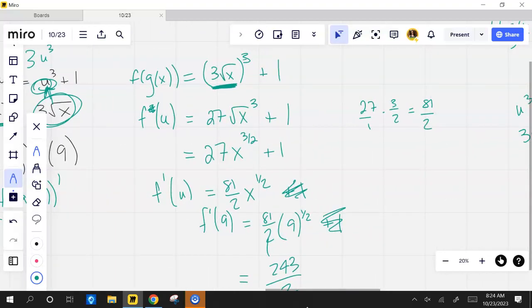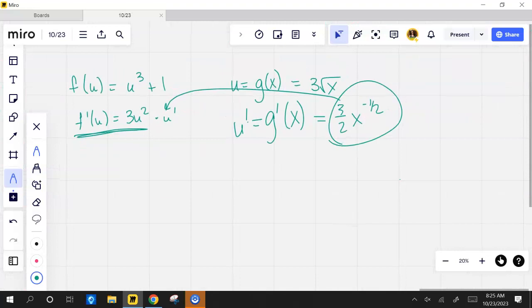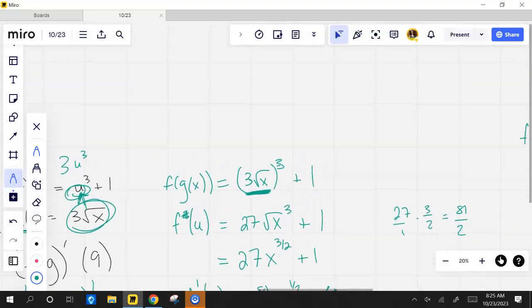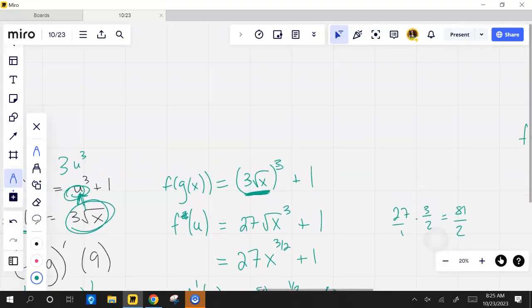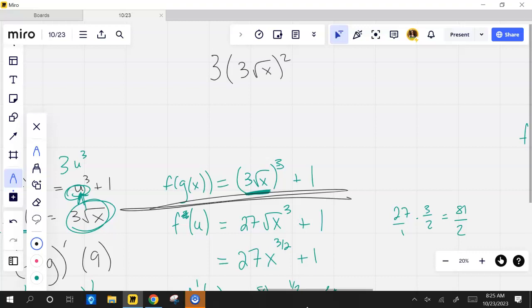Oh, you did the same thing. I wouldn't advise going through this way. Oh, there's two different ways to set it. Look on the right. They're saying when they got here, they did power, which was 3 square root of x squared, and then they chained the inside here. Is that what you're saying? 3 over 2 x to the negative 1/2. And then you plugged in 9 at that point.